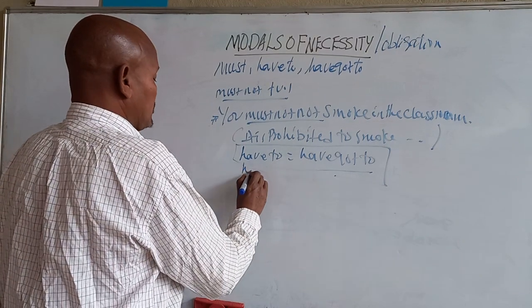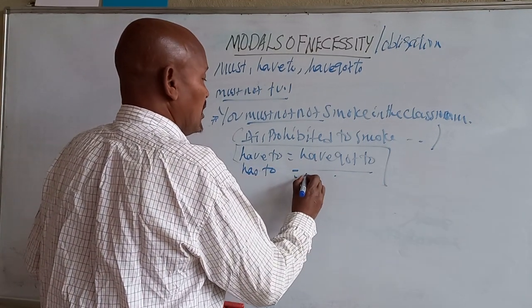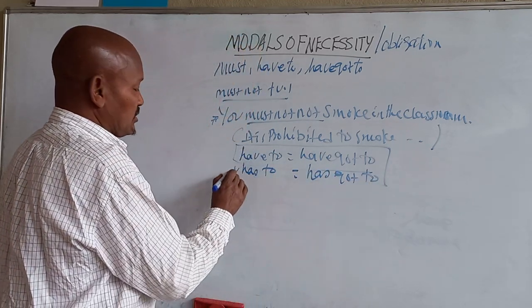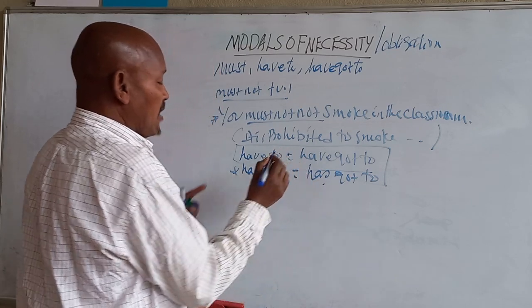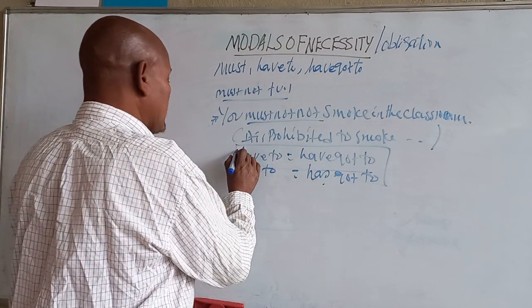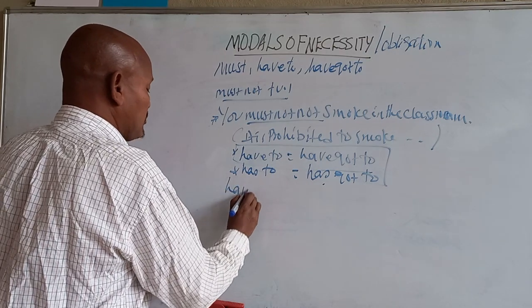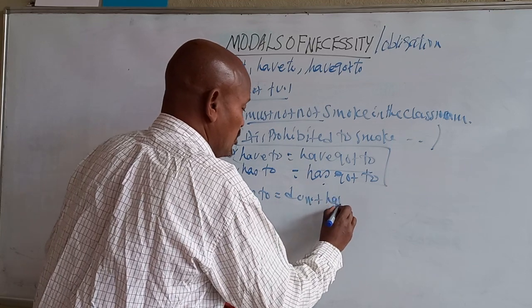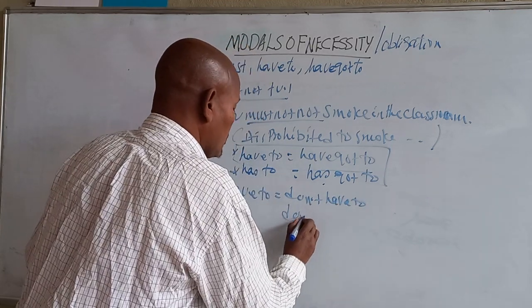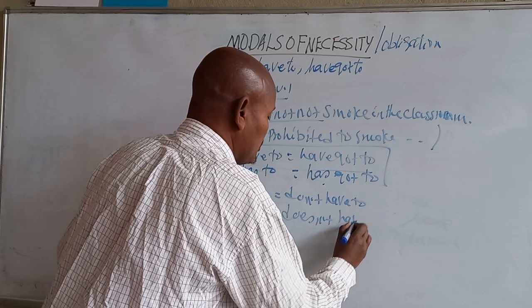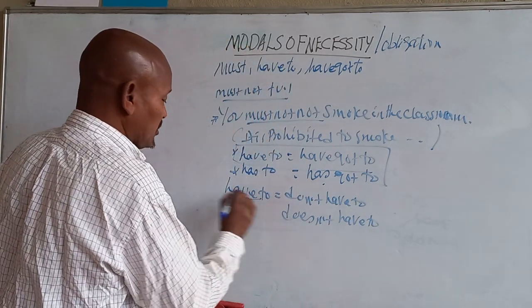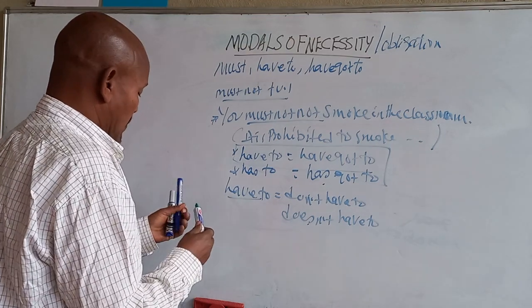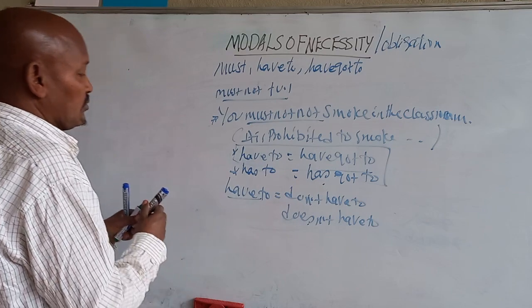Or has to, which is singular, or has got to, which is singular. They also have the same meaning. Negative forms: don't have to or doesn't have to. This one is positive, and this one is negative.